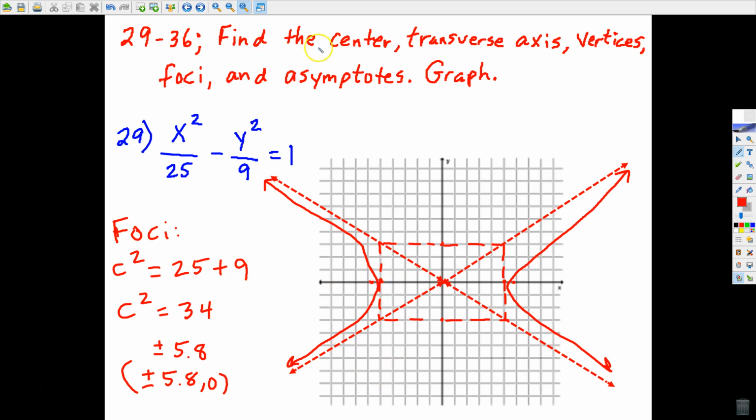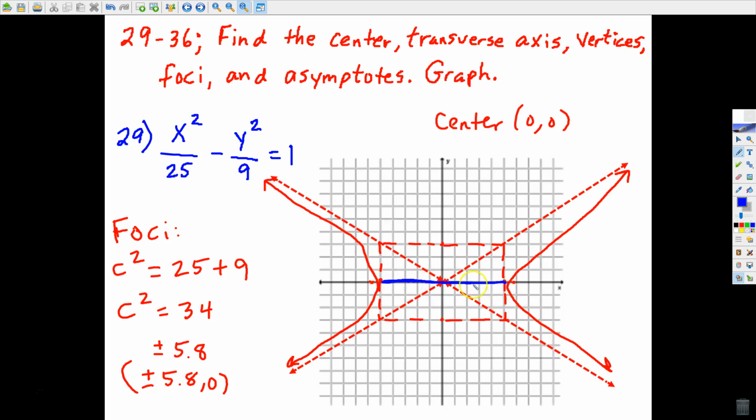Okay, the directions say to find the center. Well, that's pretty easy. What's the center? 0, 0. The transverse axis, let me show you what that means. The transverse axis is, you could shade in the distance between the vertices. So when it says to find the transverse axis, all I'm going to have you do is what I did here.